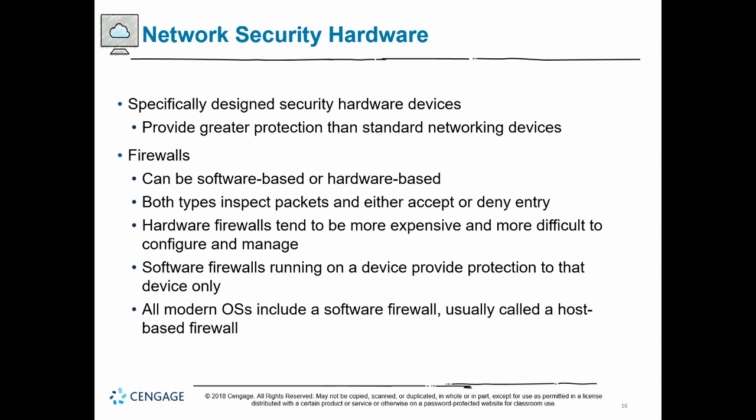The hardware stuff you can put outside at the perimeter of your network and it can protect things coming into your network, but the software is only on the host. I recommend having one on the perimeter and different types of firewalls on your host.